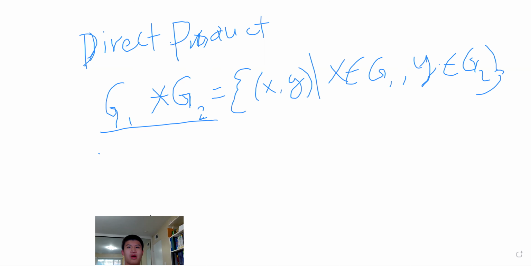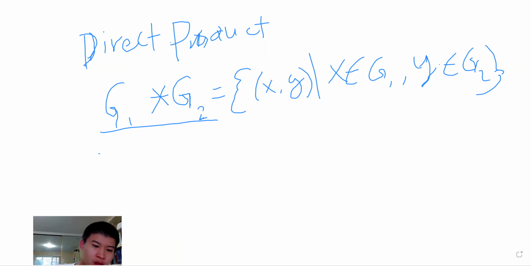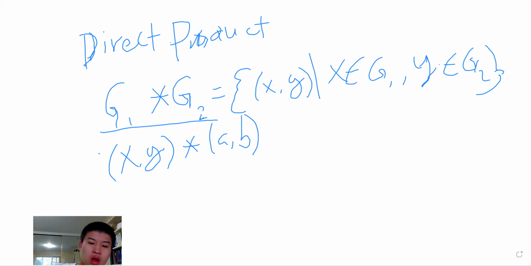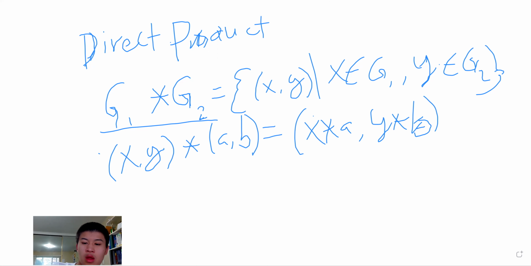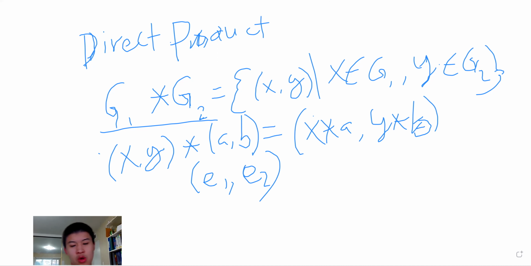So this is the direct product. And so if we do the group operation for direct product, let's say X and Y times A and B, that will equal X times A, Y times B, and the identity element will be E1, the identity element of G1, and E2, which is the identity element of G2.